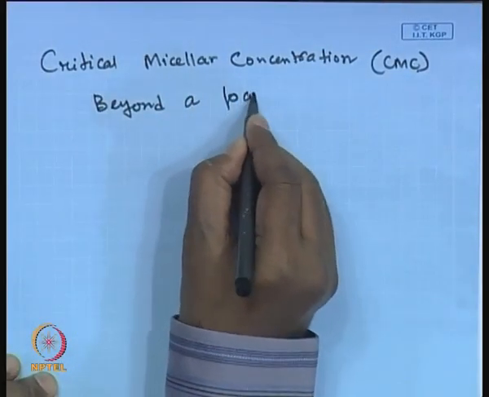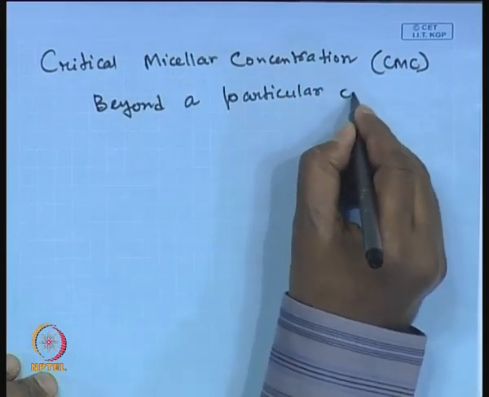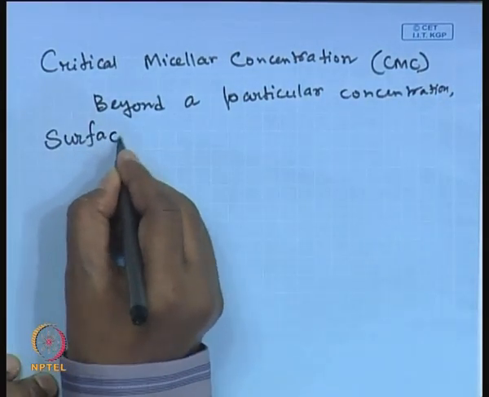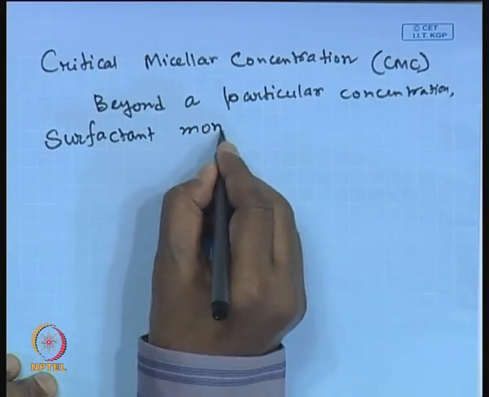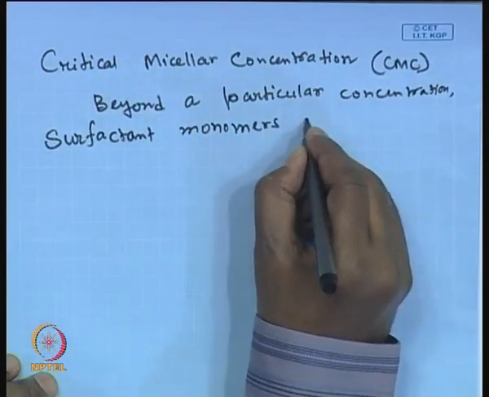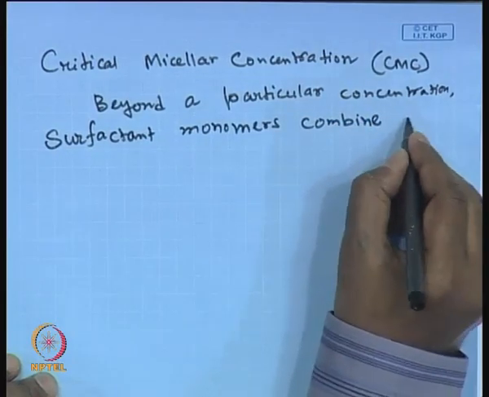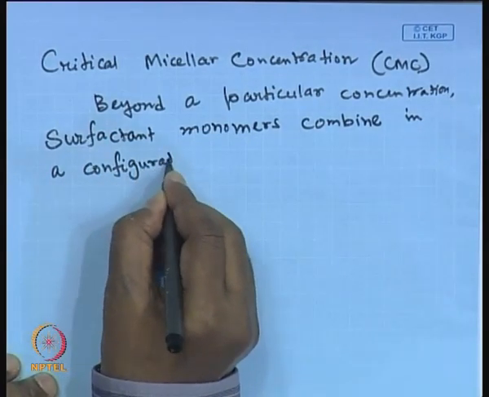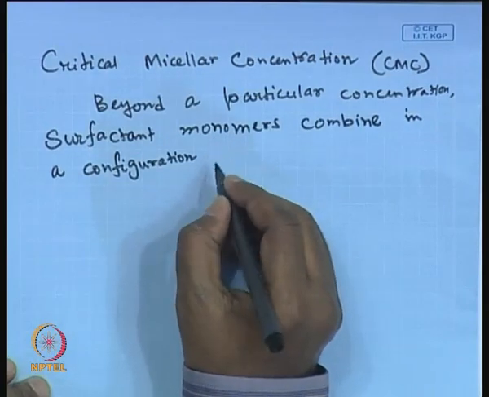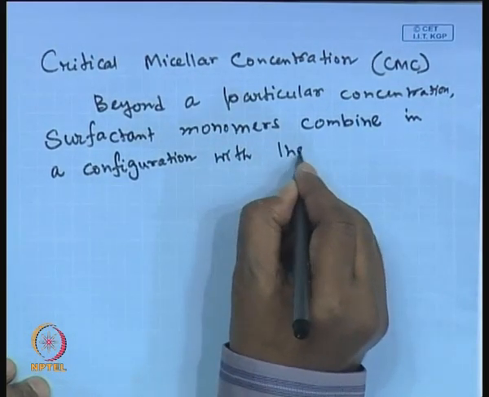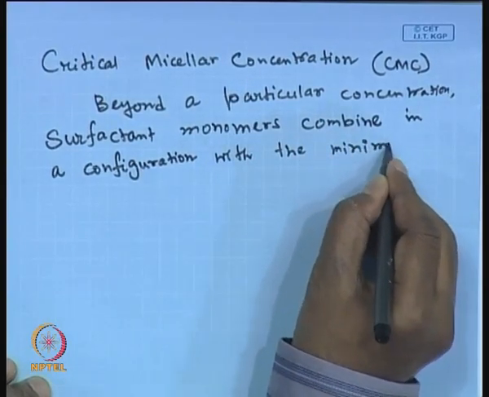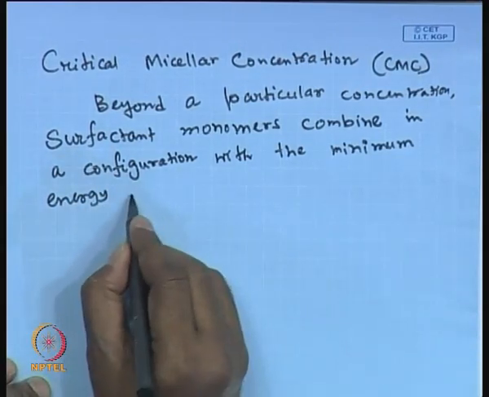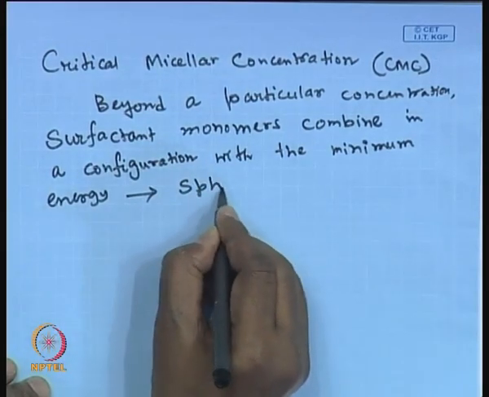Beyond a particular concentration, surfactant monomers combine in a configuration with the lowest energy, with the minimum energy, and this configuration is nothing but a sphere, a spherical configuration.